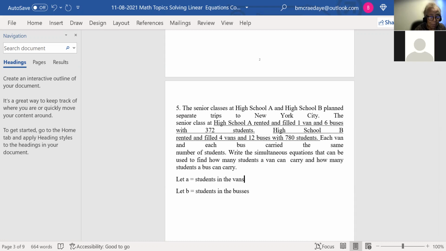Okay, so let's go to high school A. How would we write the equation for high school A? High school A had one van and 6 buses, right? So how would I show that as an equation?